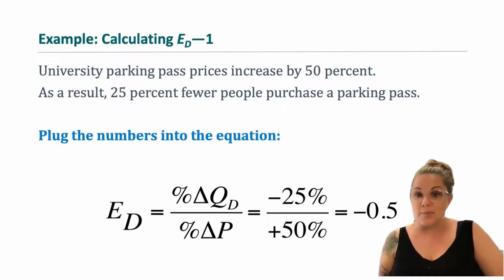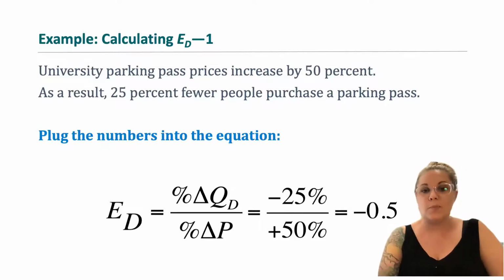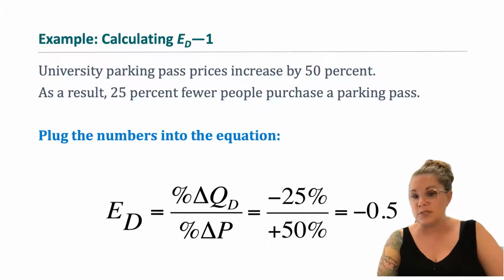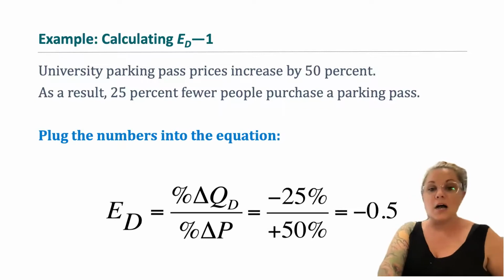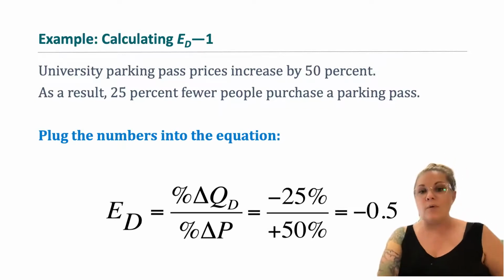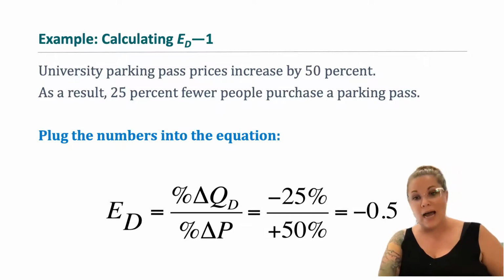We can plug these numbers into this formula. So we put the percent change in price, which is a positive 50% change on the bottom, and then the percent change in our demand, which was a decrease represented by the negative sign here of 25%. And when we divide 25 divided by 50, we get 1/2.